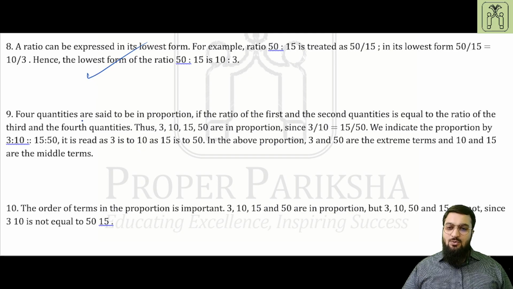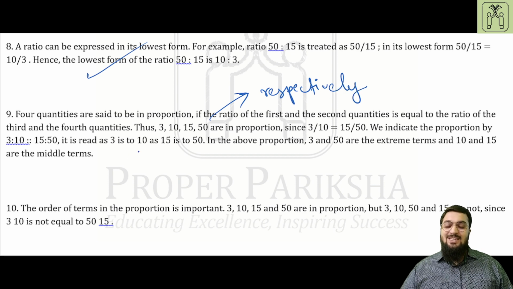Point number 9. Four quantities are said to be in proportion if the ratio of the first and second is equal to the ratio of third and fourth. This is another extension of the word respectively. Respectively is very important because if I say find if the following numbers are in proportion and I write 10, 15, 4 and 6, with commas over here.